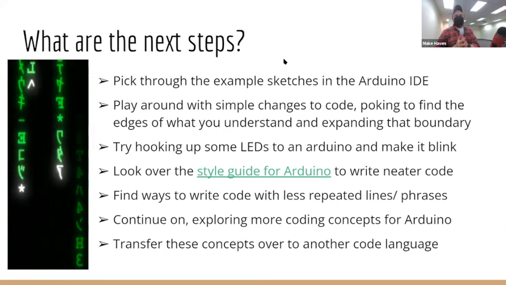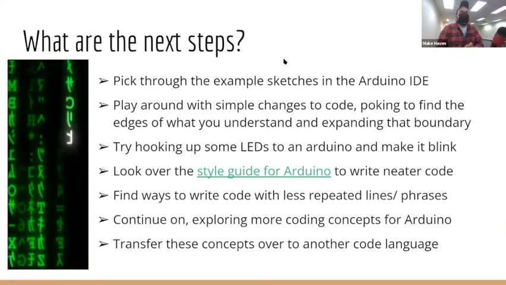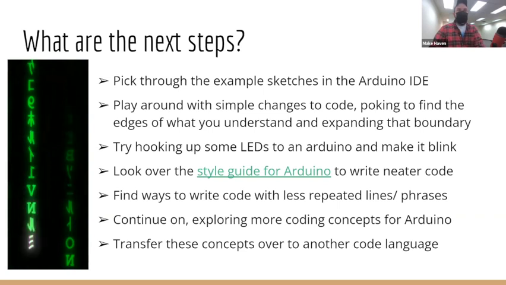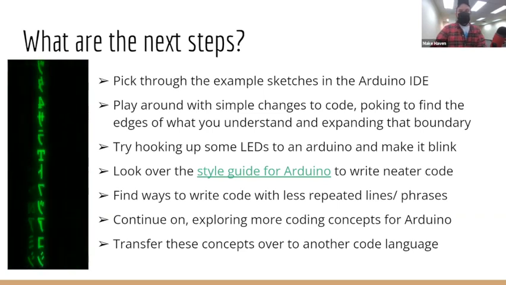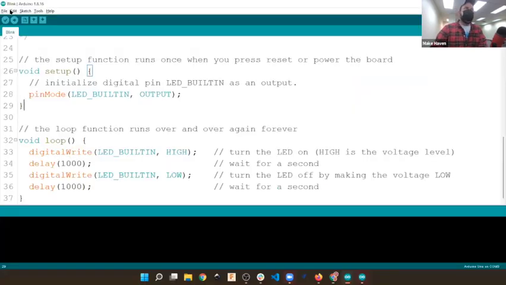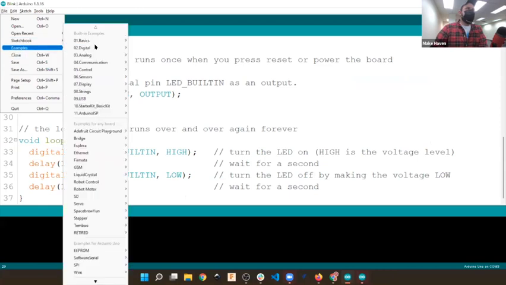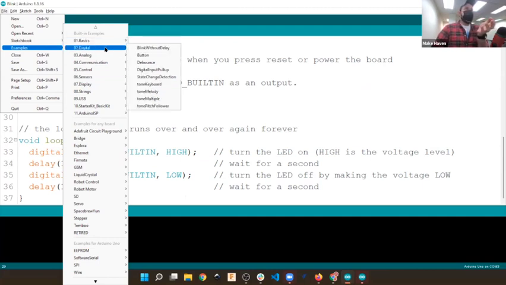So what are your goals for the week? The next steps, pick through the example sketches in the Arduino IDE. If you install the Arduino IDE and go through it, file, examples, and this is a gold mine. I myself learned by watching the Jeremy Bloom videos and then reading through these. These are really well documented. They walk you through, like, here's digital.